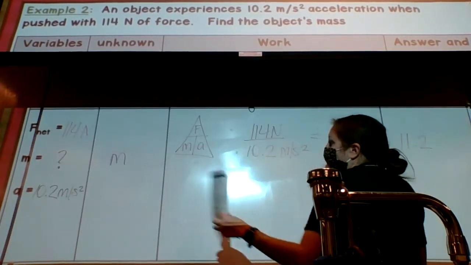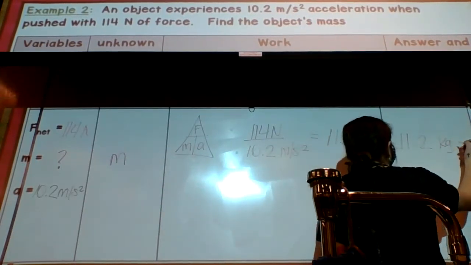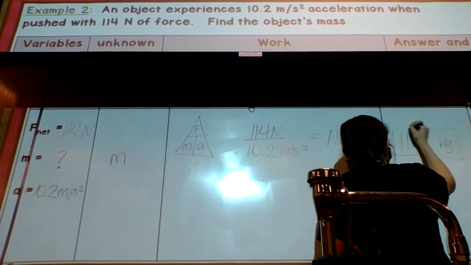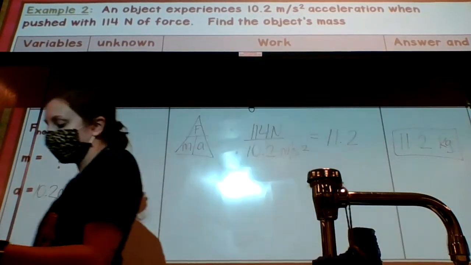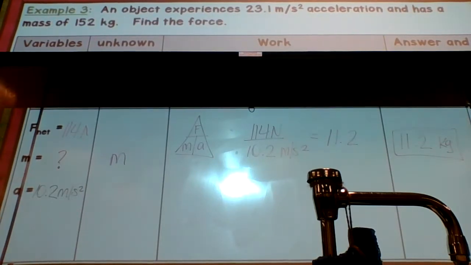And I'm looking for mass, and mass is kilograms, so my unit is kg. Everybody comfortable with that? We're going to skip that third example and turn the page.